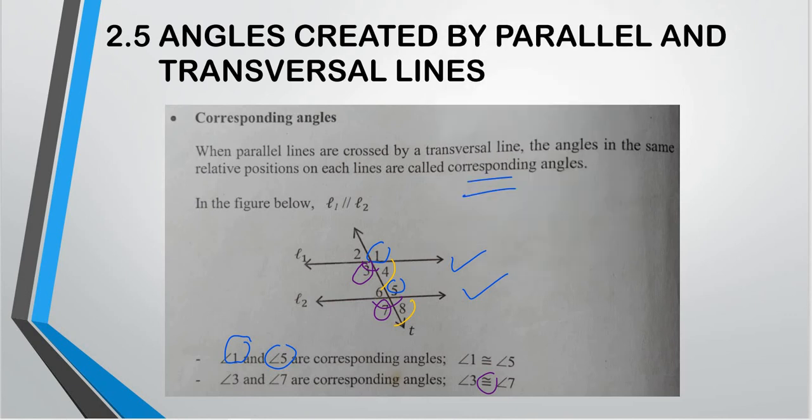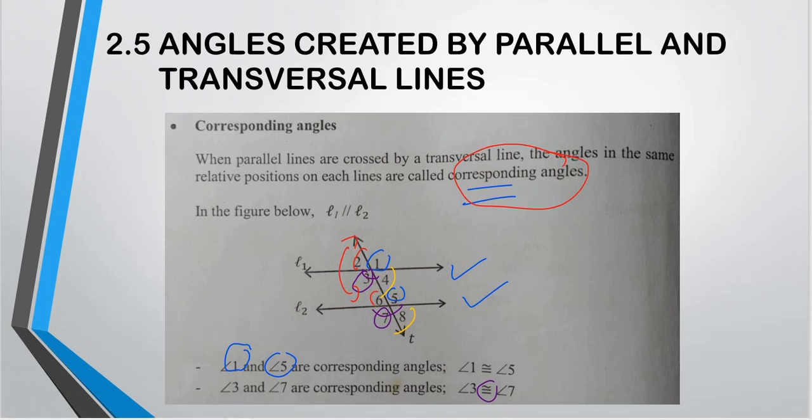Jawab kawan-kawan, saya dengar lah. 2 dengan 6 ni angle dia sama. Itu adalah corresponding angle yang is defined by parallel line if it is crossed by a transversal line. So nanti bila you dapat soalan, you kena tahulah cara nak guna ni.